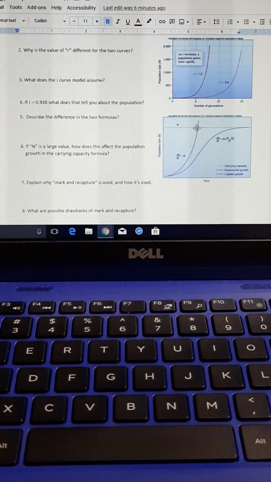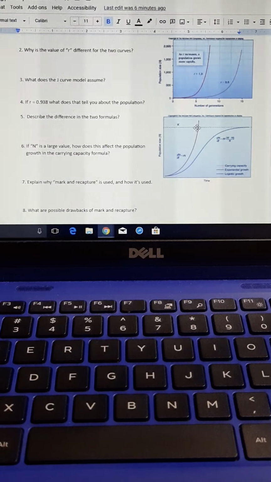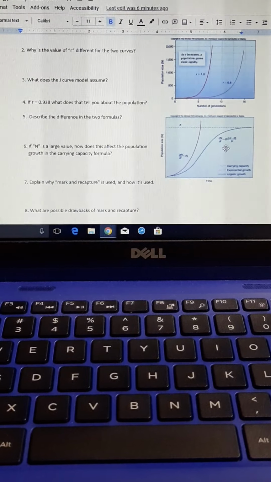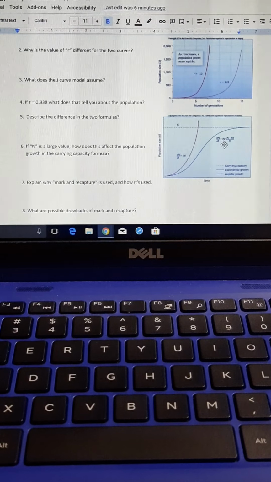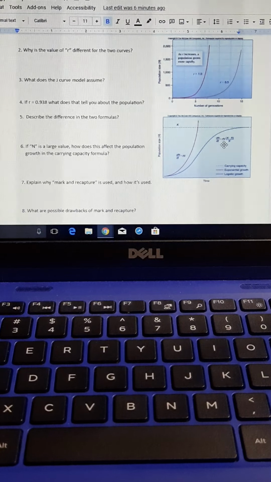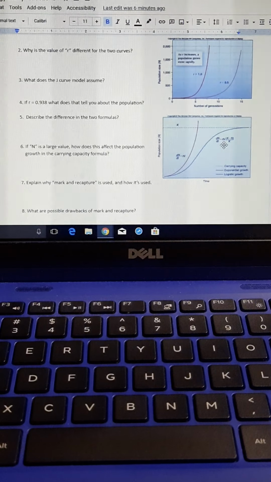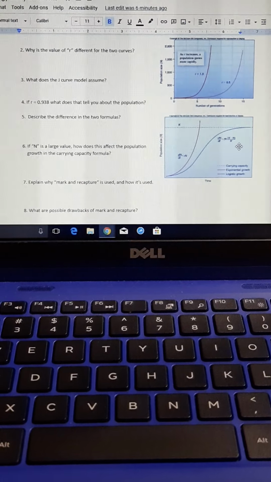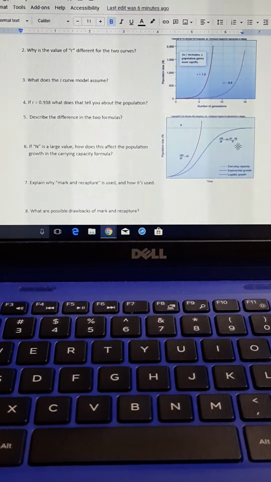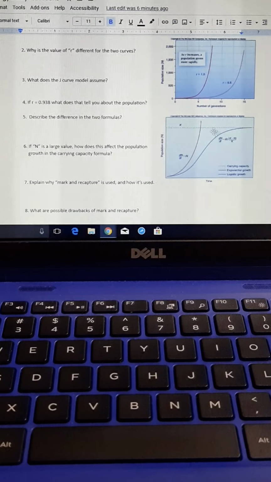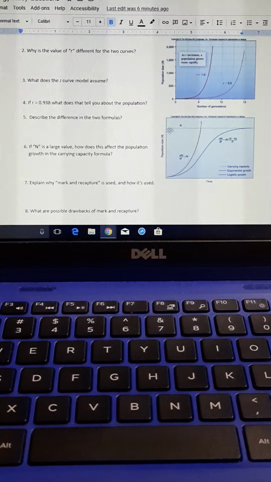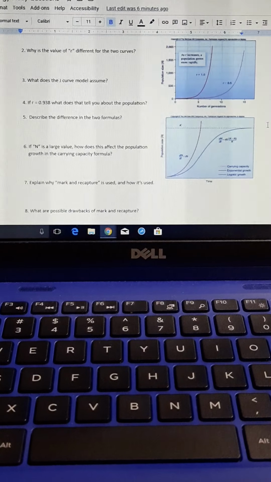In the logistic function, we have dN over dt again is equal to r, that rate, N, which is the current number, the population. Then we have this fraction in parentheses with K, which is the carrying capacity, which we'll see is this dotted line right here where this graph isn't touching it.